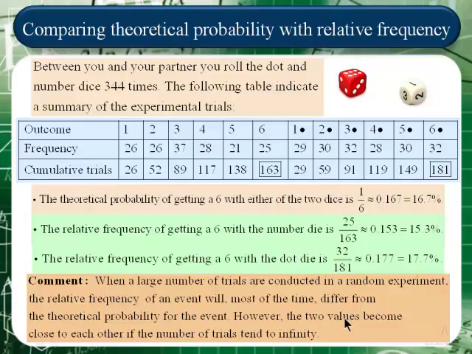However, the two values, namely the theoretical probability and the relative frequency, become close to each other if the number of trials tends to infinity. So in other words, if you repeat this experiment many times.